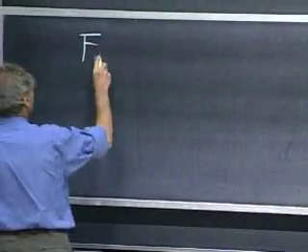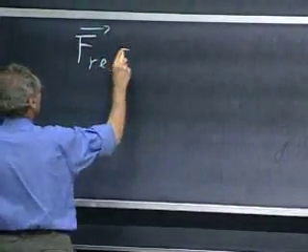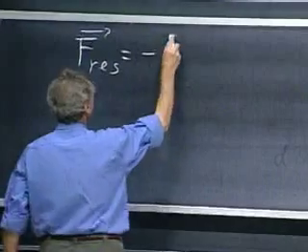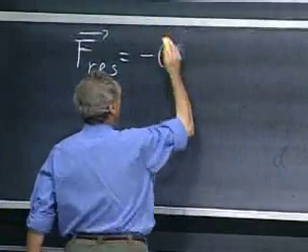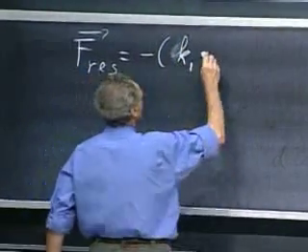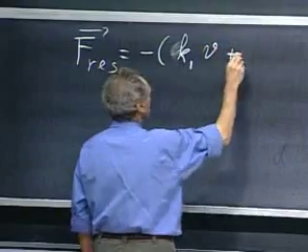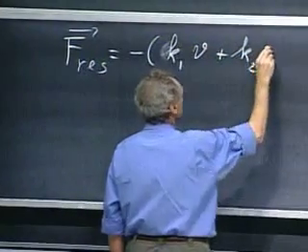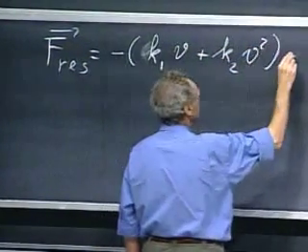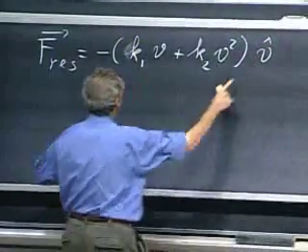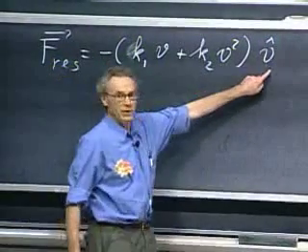In very general terms, the resistive force can be written as K1 times the velocity plus K2 times the velocity squared, and always in the opposite direction of the velocity vector.